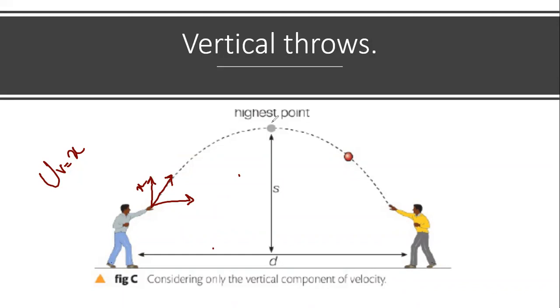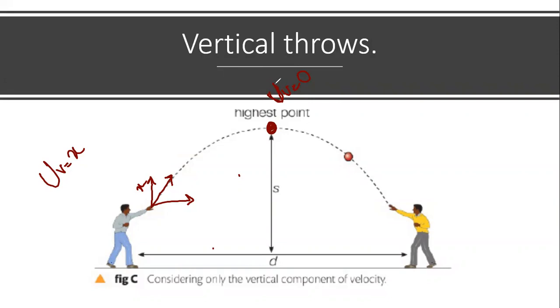When we reach the very top, at this point, the vertical speed is going to be 0. You must remember, whenever you throw a ball straight up, at the top the speed becomes 0. The same thing is here. At the very maximum height, the vertical velocity is 0, not the horizontal. The horizontal velocity, like I told you, does not change.